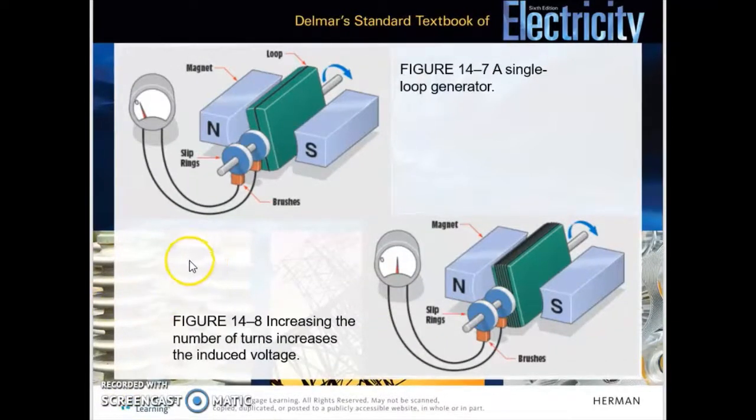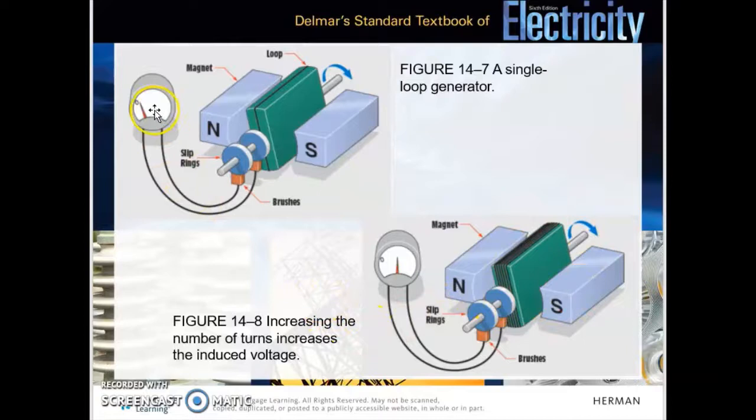This slide is showing two different generators. Both have the same setup, but this top one has one single wire wrapped around it, versus this system down here, which has several loops of wire.